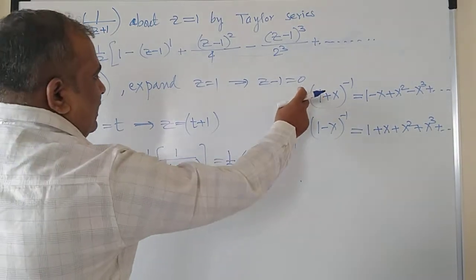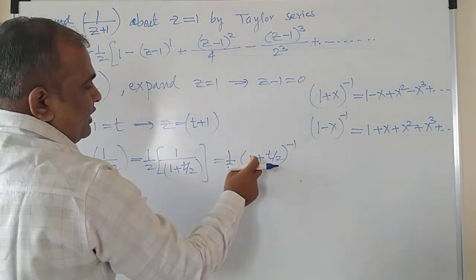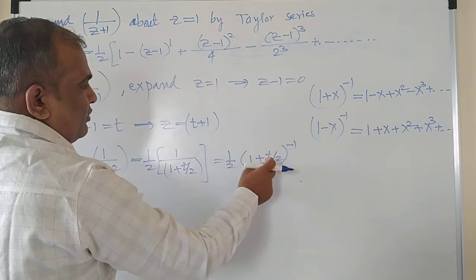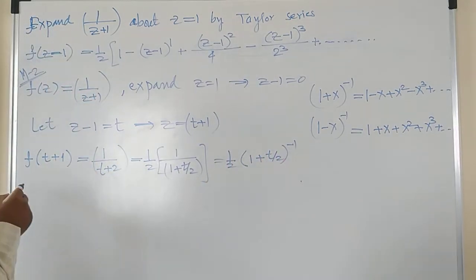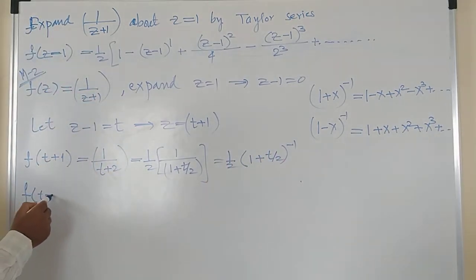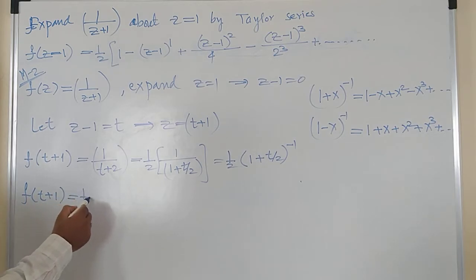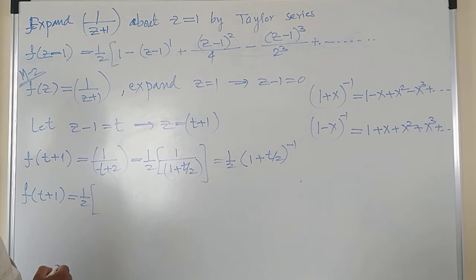Now use the expansion here. You are having 1 plus x raised to power minus 1, so the signs alternate, and hence you will get f of t plus 1 is equal to 1/2 into bracket 1.